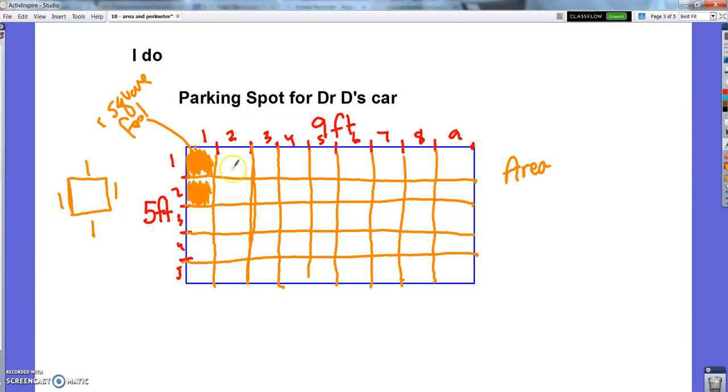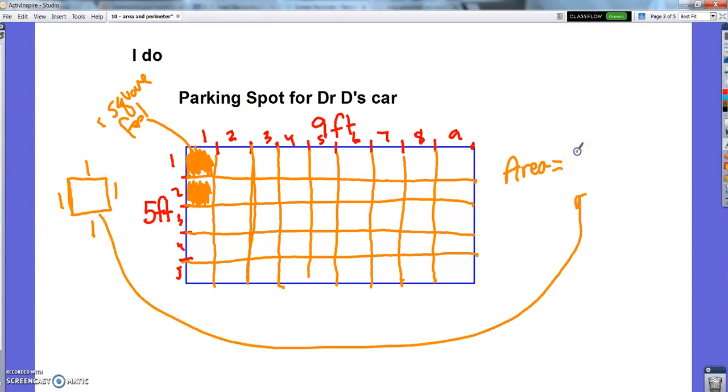I can count by 5s, right? 5, 10, 15, 20, 25, 30, 35, 40, 45. So altogether I have 45 of these. So I would say it's 45 square feet.